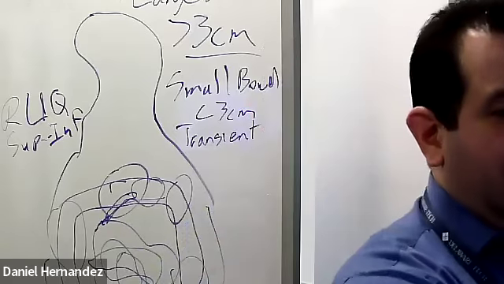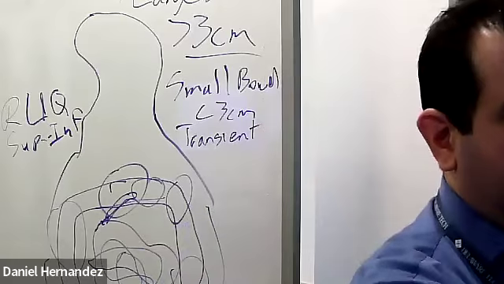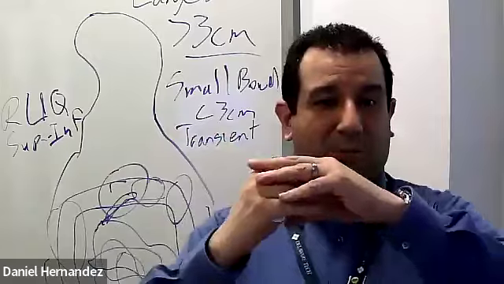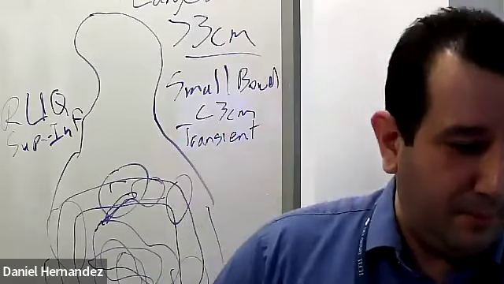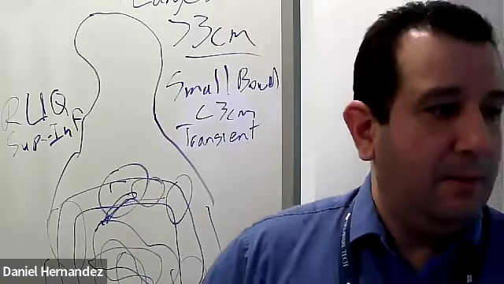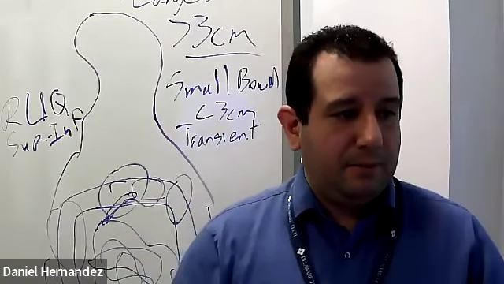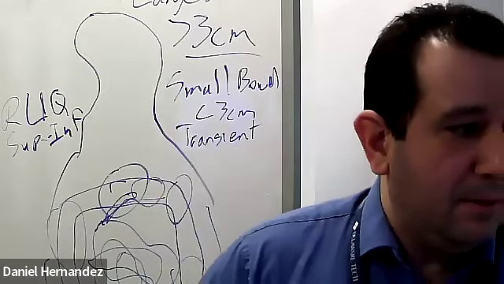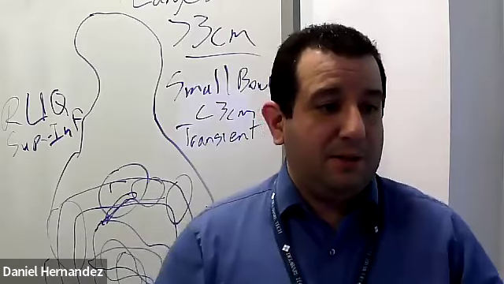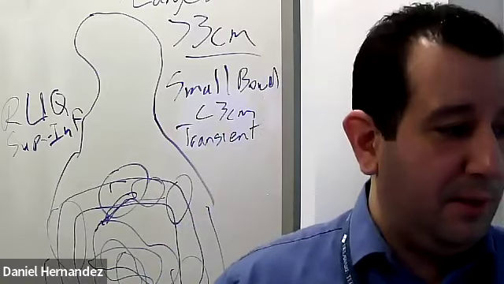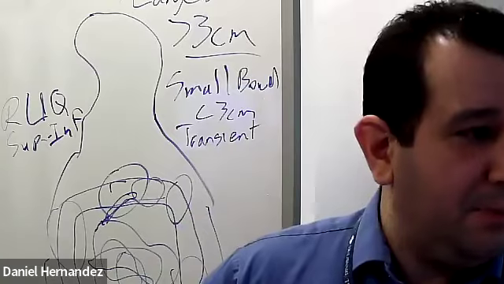We've got first loop of bowel, second loop of bowel, third loop of bowel as it's telescoped in on itself. These concentric rings result from the visualization of additional bowel wall layers within that intussusception.